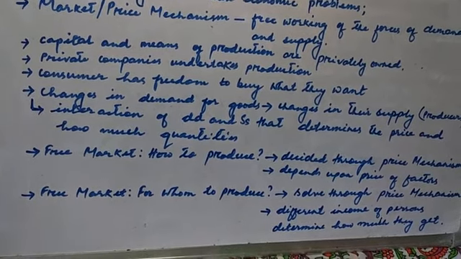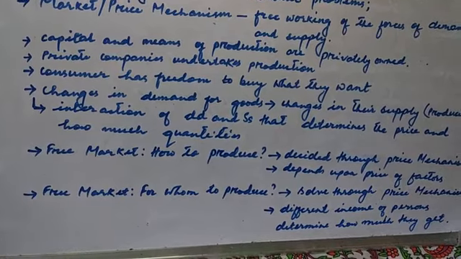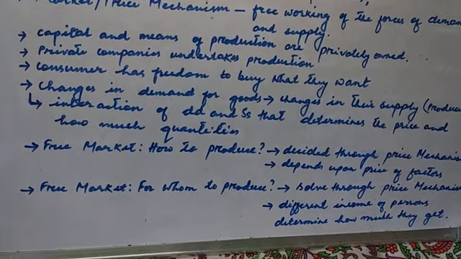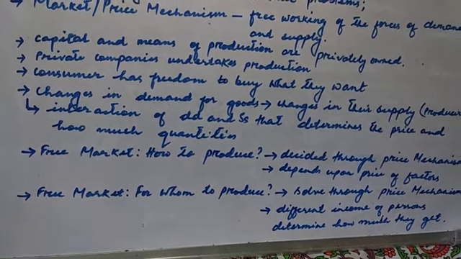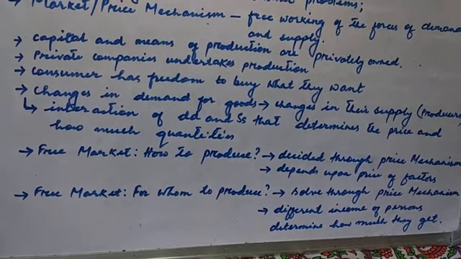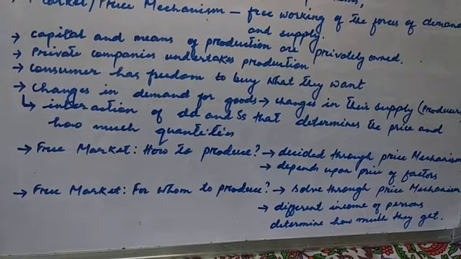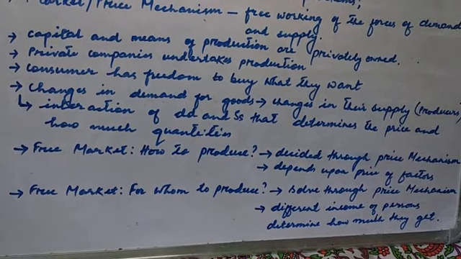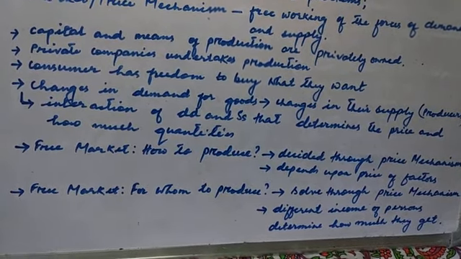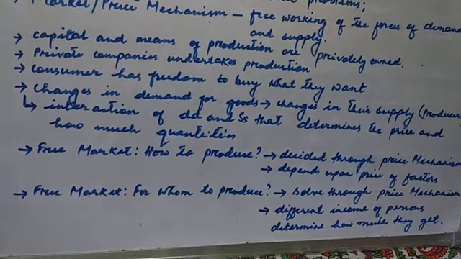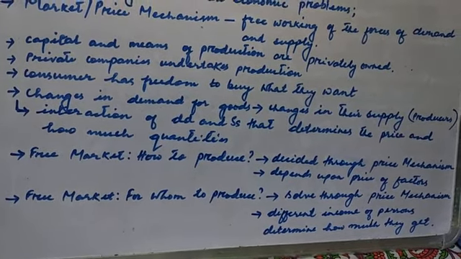The problem of for whom to produce is also solved through the price mechanism in a free market economy. How? The prices of the factors, such as wages of labor, interest on capital, and rent of land, determine the incomes of the owners of these factors of production.